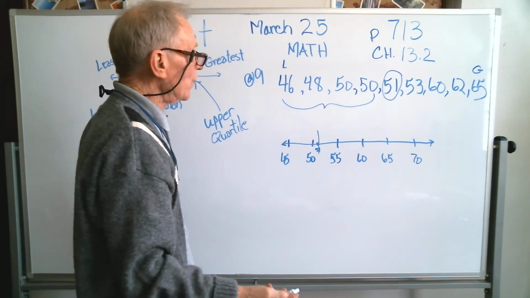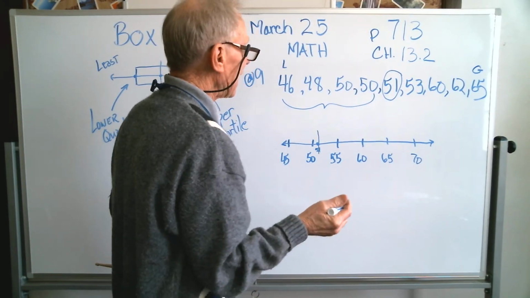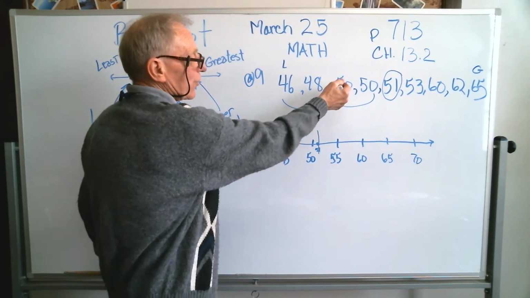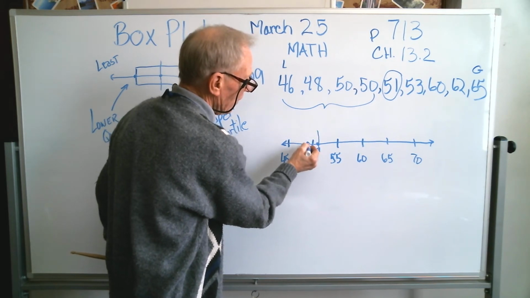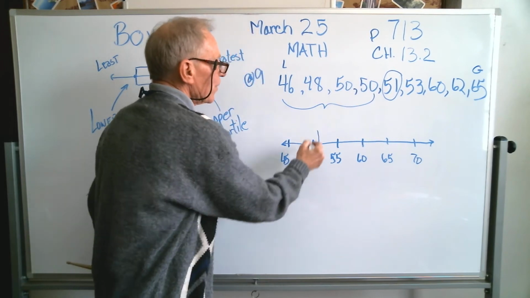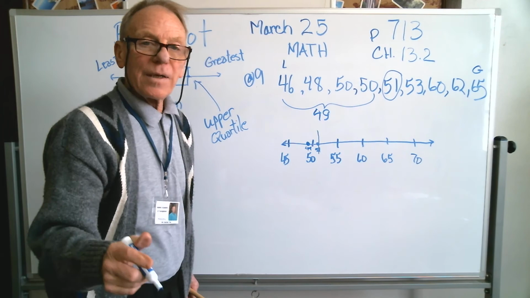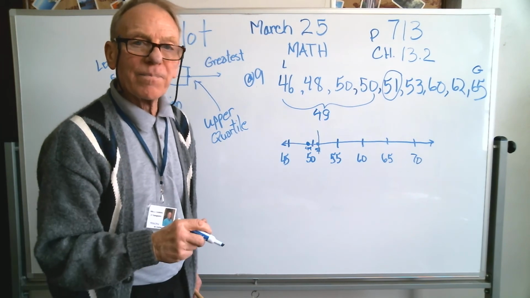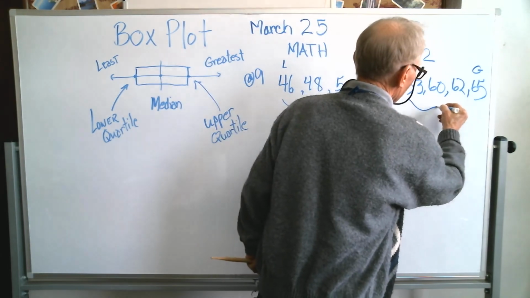Divide that by 2, and your answer is 49. 49 is the average of those two numbers. So now we're going to make our point here that's going to represent 49. So 49 is the lower quartile.